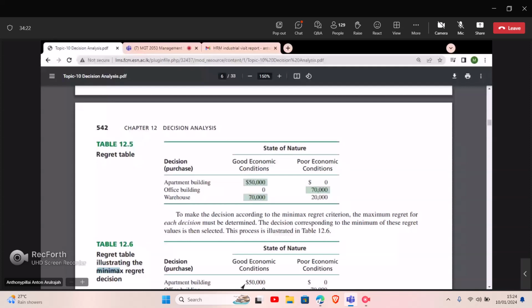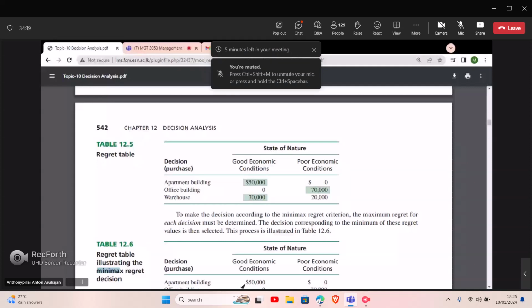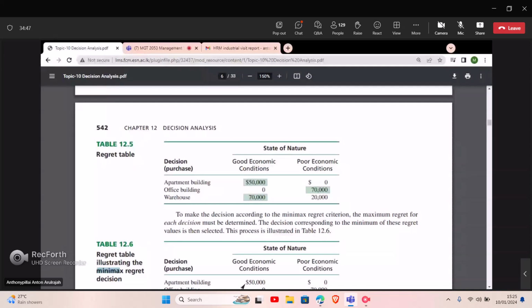Now you see, according to this example, in good economic conditions, what is the highest? The office building. In poor economic conditions, what is the best? The apartment building, 30,000. Now we have to construct a regret table for good and poor economic conditions.